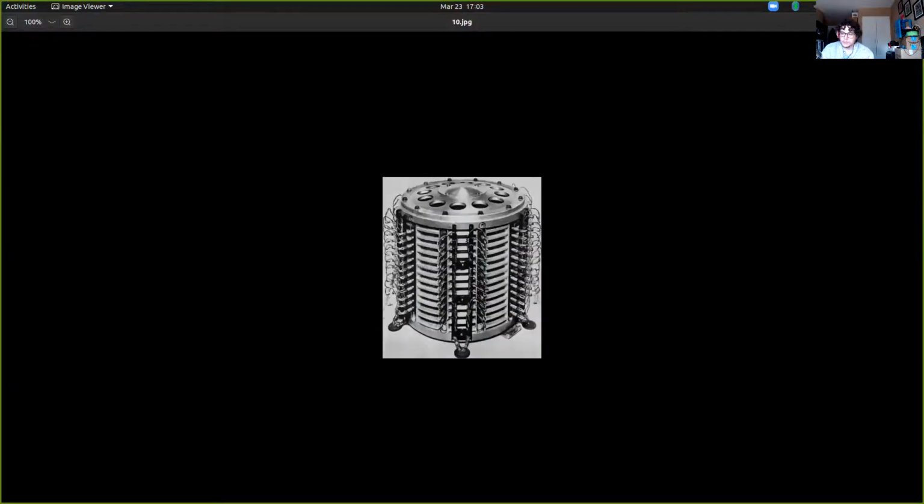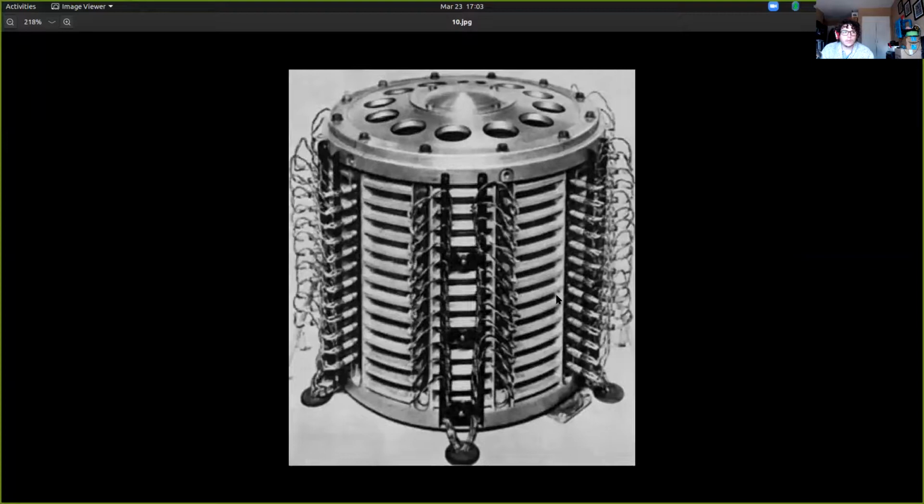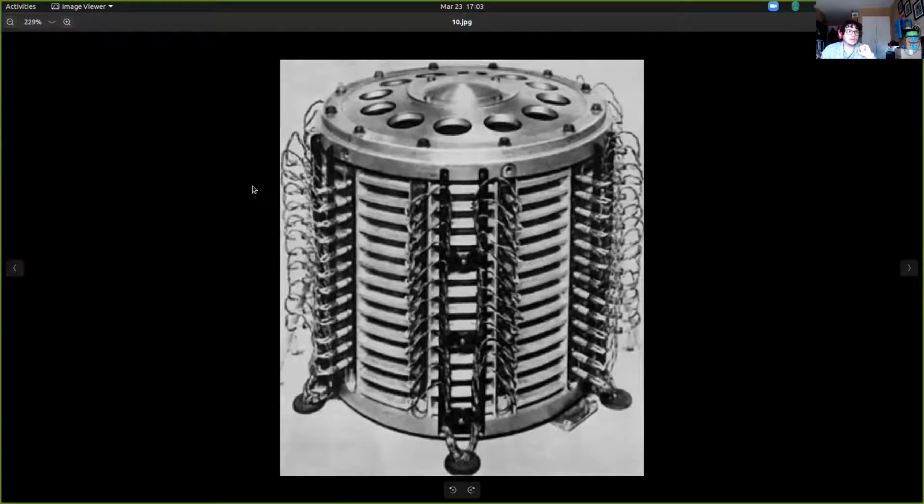So here's another example of a drum. And the way that drum-based storage, primarily for ROM, read-only memory, worked was it used a ferromagnetic recording material on top of a spinning platter. And this is exactly how your hard drive works today.